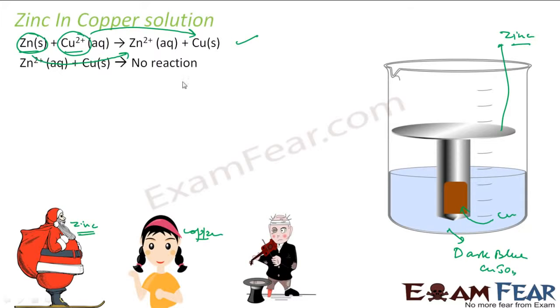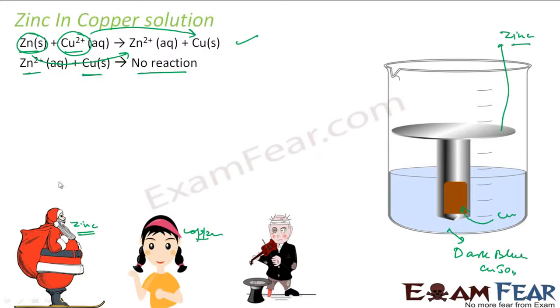The copper from the solution became real copper and it got deposited over the zinc. Correct? But if you take the other way around, as I told, zinc sulfate or Zn2+ and copper, there will not be any reaction.